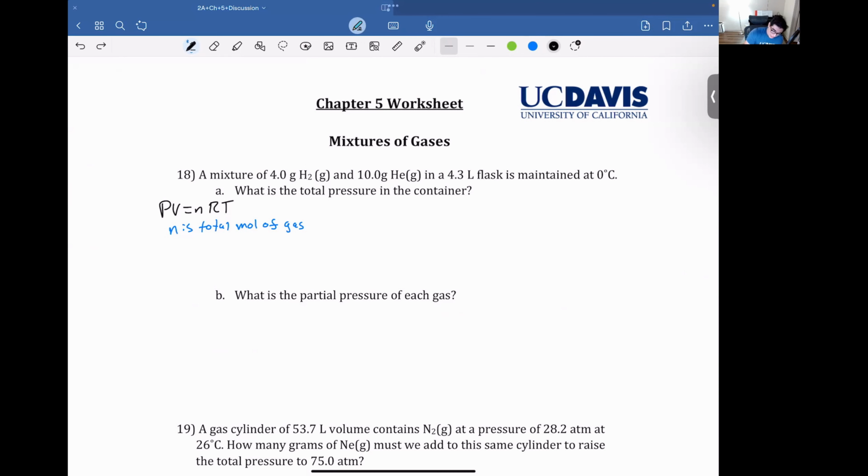All right, so 4 grams of H2 is about 2 moles of H2. Right, 4 divided by 2. And then 10 grams of helium is about 2.5 moles of helium, since helium weighs 4.